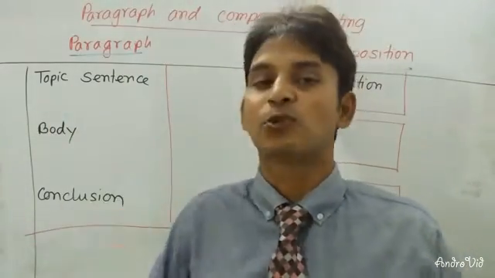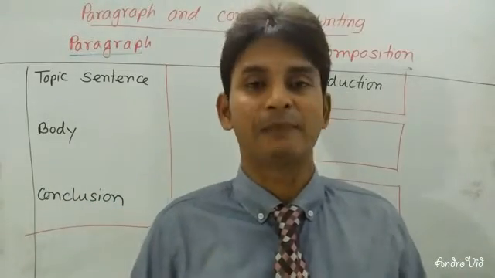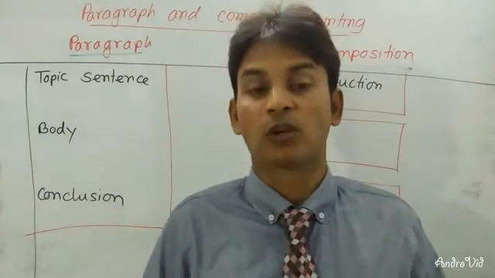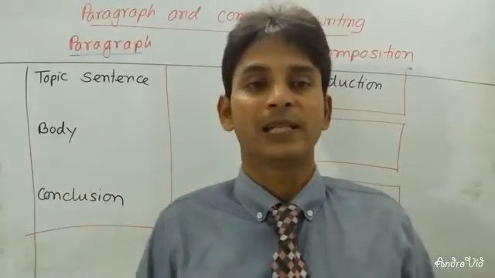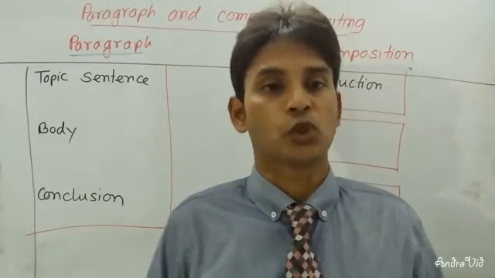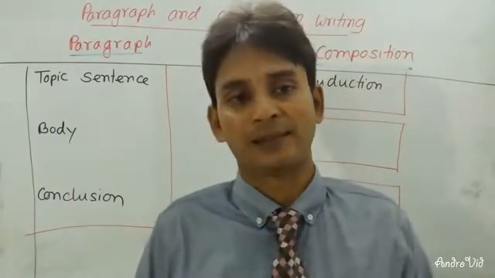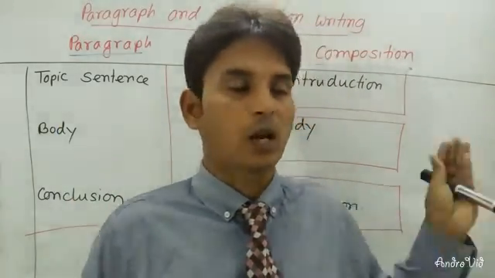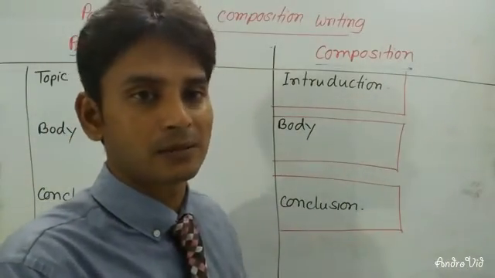In the topic sentence, we will write the type of sentence that can be described or elaborated. In the body, you will provide some solid evidence one after another to support the topic sentence. In compositions, you can see that there are a minimum of 3 paras.